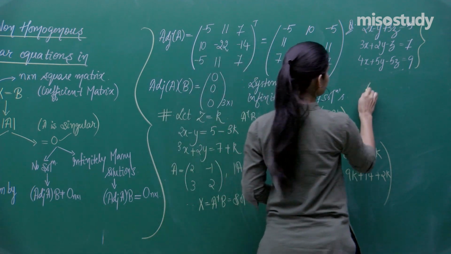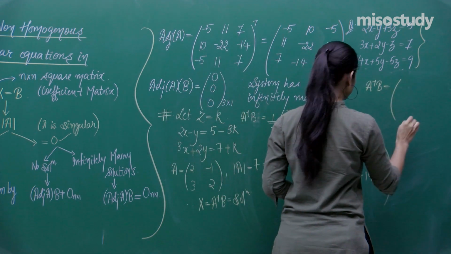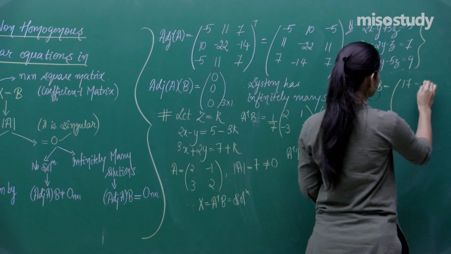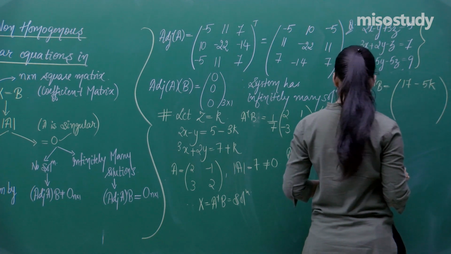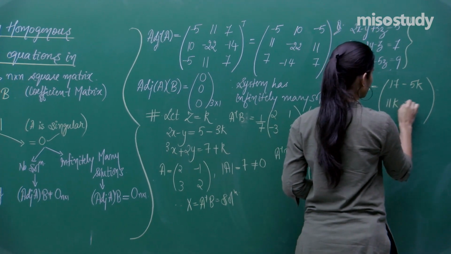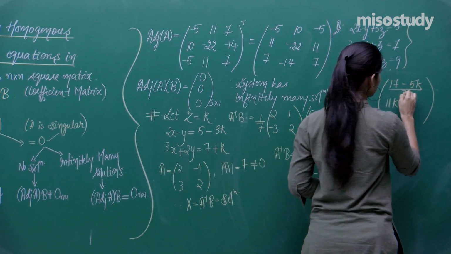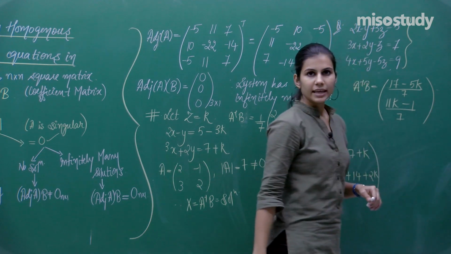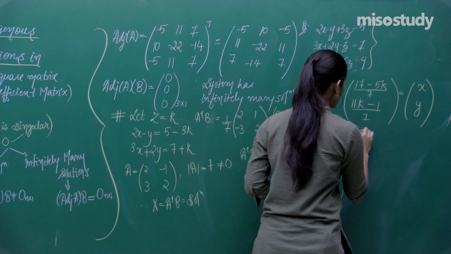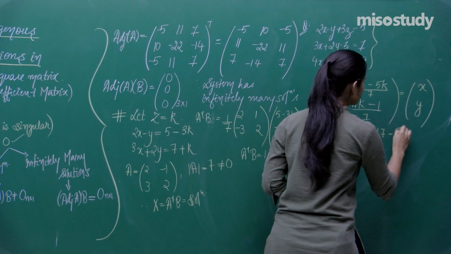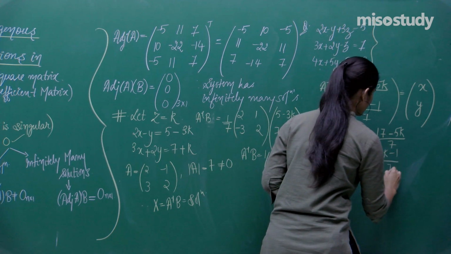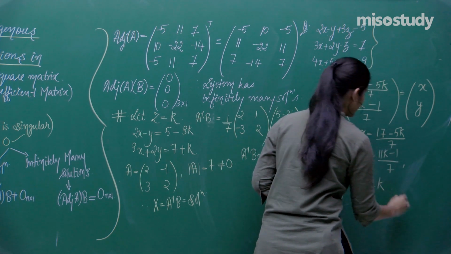So, A inverse B is what? 10 plus 7 is 17, minus 6k plus k is minus 5k, and here it is minus 15 plus 14 is minus 1, 9k plus 2k is 11k, and you have 1 upon 7. So, this upon 7, this upon 7. A inverse B is equal to capital X, which is x and y. So, basically you are getting x equals 17 minus 5k by 7, y equals 11k minus 1 by 7, and z equals k.